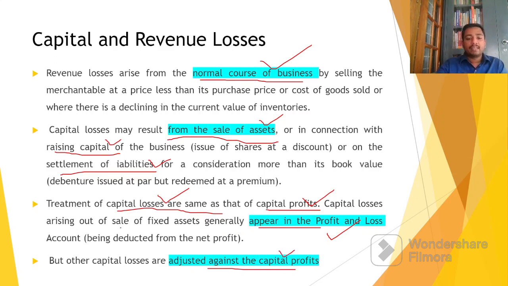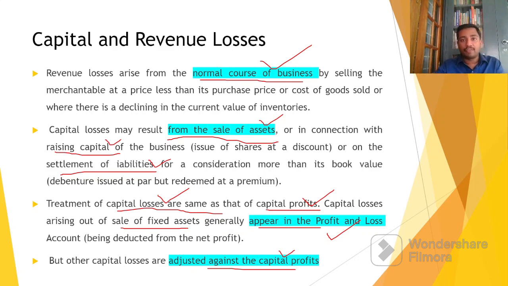So mainly the sale of fixed assets, whenever the sale happens, usually those items will be recorded in the profit and loss account. But other items, like the loss or profit derived on incorporation, or settlement of liabilities, won't appear in your profit and loss account. Generally the profit or loss derived from the sale of assets will be the only thing recorded in the profit and loss account.